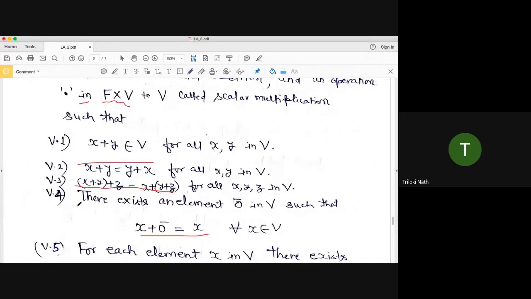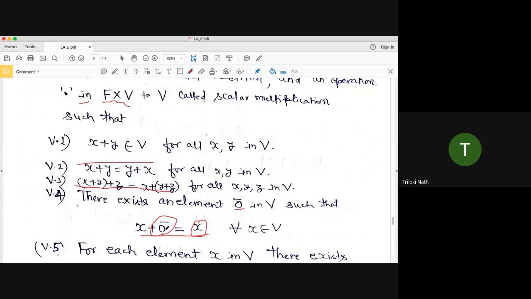And the fourth one is the existence of the zero vector. There exists an element 0 bar in V such that adding it to any vector gives you the same vector. That means 0 bar works as an identity, no change in the vector. Whatever vector you add it to, there is no change; x is not going to change by adding this zero vector.